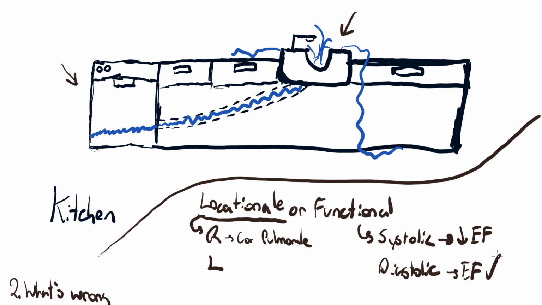Decreased filling is going to lead to decreased stroke volume and therefore decreased cardiac output. Usually, because the ventricles are stiff, the pulmonary and systemic vascular systems become overloaded. So this is all really important to understand. So don't get too bogged down on the functional heart failure. The locational heart failure is where a lot of the information that you're going to need to understand is going to come from.